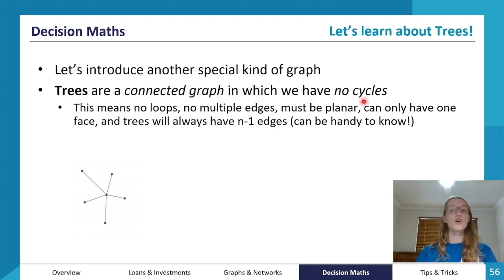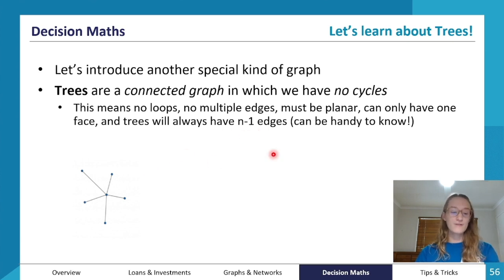And we also want no cycles, which means we can't have multiple edges, we can't have loops, it must be planar, and it can only have one face, because as soon as we added another edge there, that would introduce a cycle, and that would also mean we have two faces, so it would no longer be a tree. And because of this, we can always know that trees are always going to have n-1 edges, which can be very handy to know.